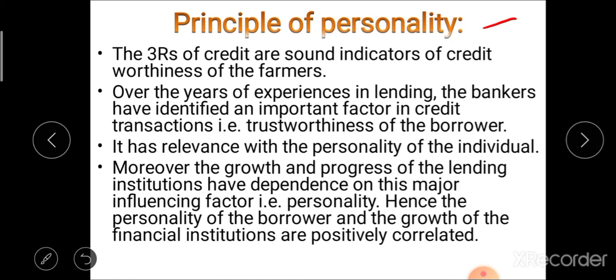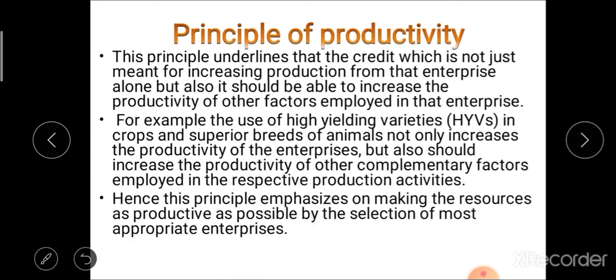Moreover, the growth and progress of a lending institution depend on major influencing factors like the personality of the borrower. Hence, the personality of the borrower and the growth of financial institutions are positively correlated. This is the second P, that is principle of personality.